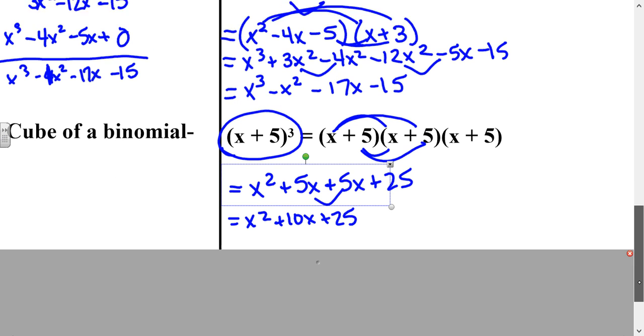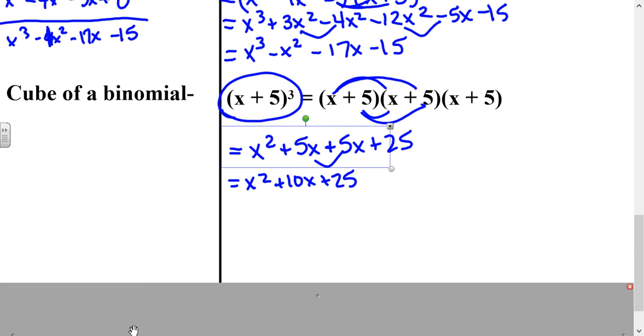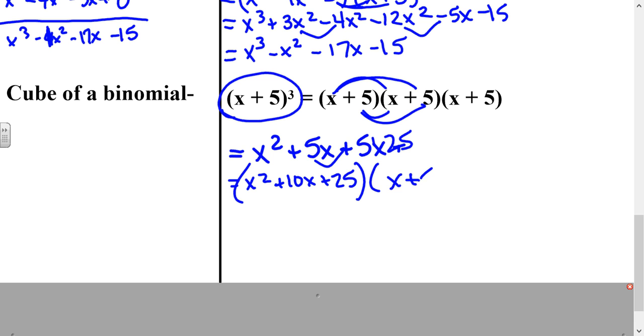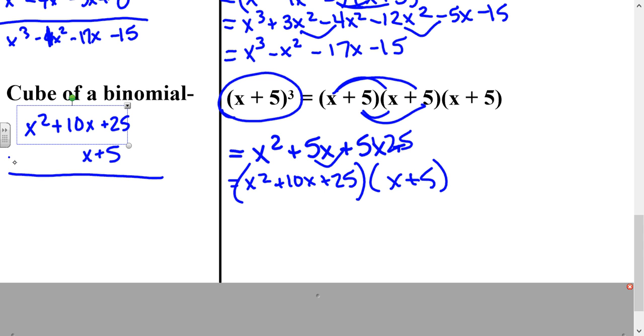Then I multiply that by x plus 5 one more time. So again, you can distribute or you can stack it. If I stack it, I have x squared plus 10x plus 25, and then x plus 5. And this time, hopefully I will do it correctly.